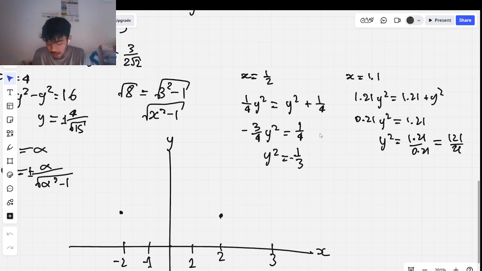So I know there's going to be an asymptote at 1 and minus 1. And I'm going to assume by symmetry, if this and this are 1 and minus 1 respectively, there's also going to be an asymptote here.